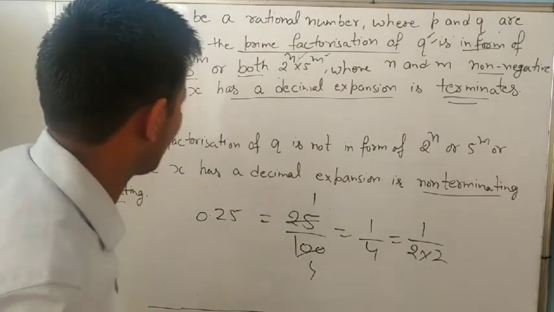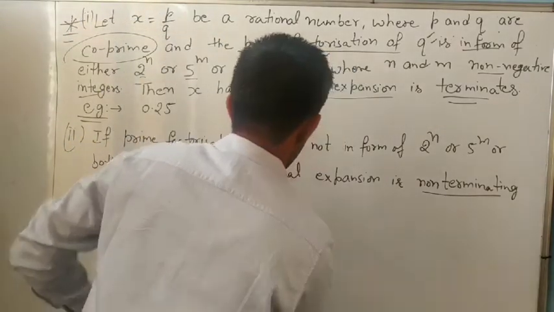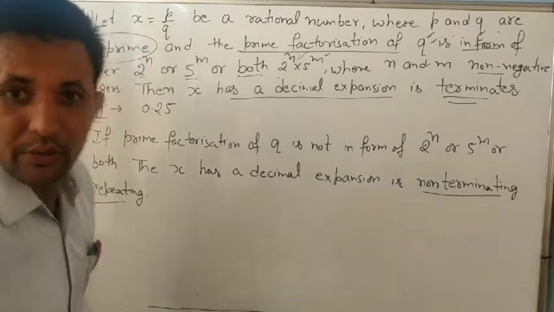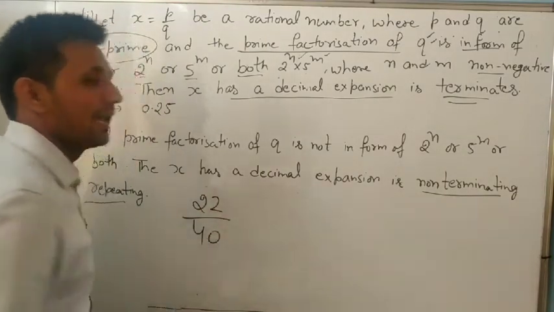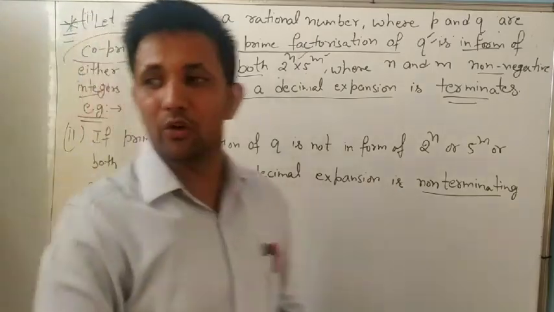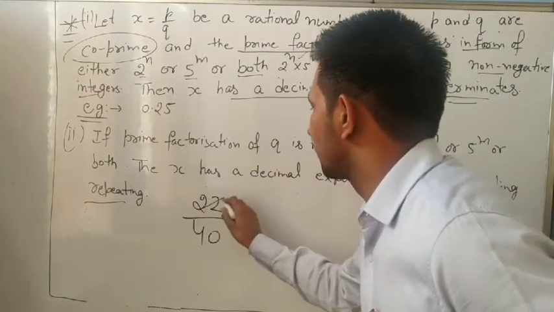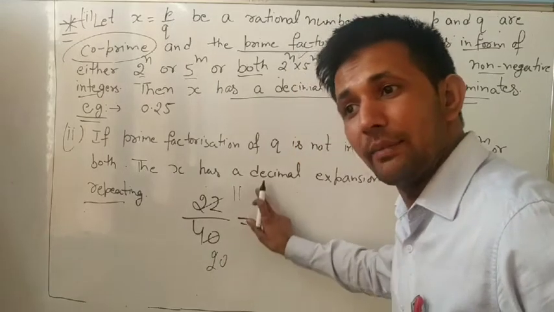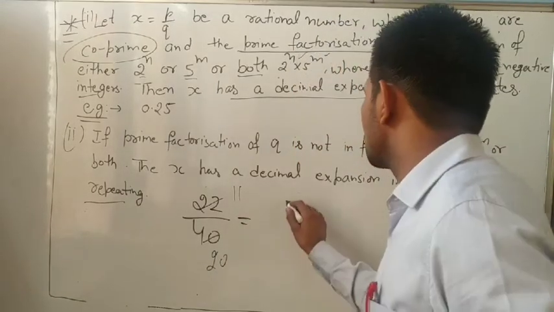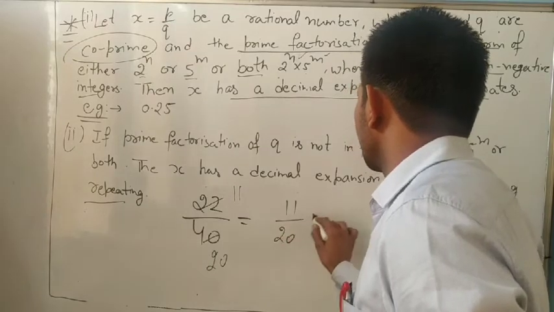One more example, look at this. Suppose now I am taking 22 divided by 40. Find whether it is terminating or not. First we get 11 and 20. They are co-prime, there is no common factor. So 11 upon 20. Can you write?